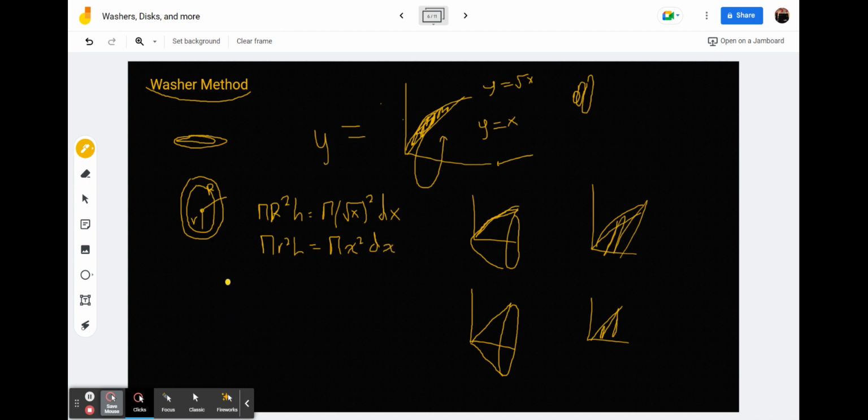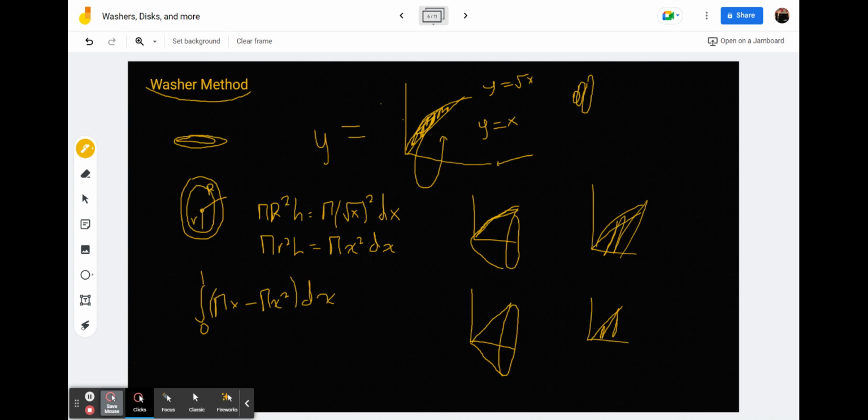So essentially, the volume of our ring is going to be pi x minus pi x squared, because we can factor out this dx. Then we add all those little rings up, and as we discussed in the first problem, the bounds are going to be from 0 to 1. And that's it.